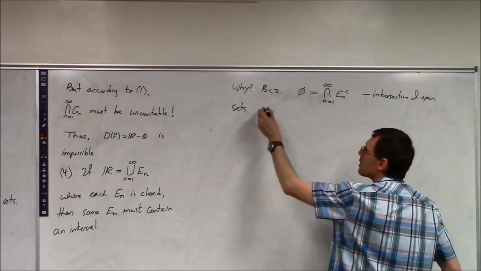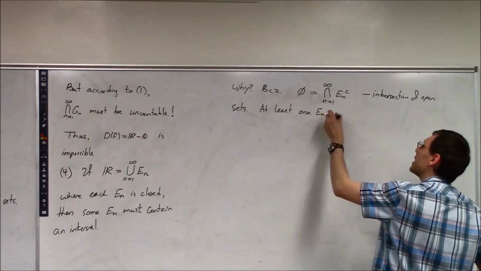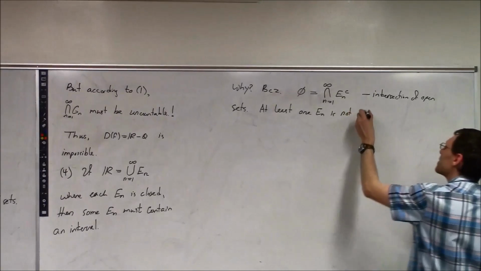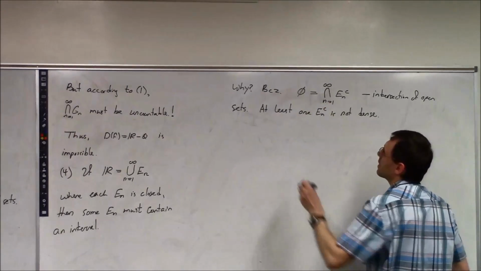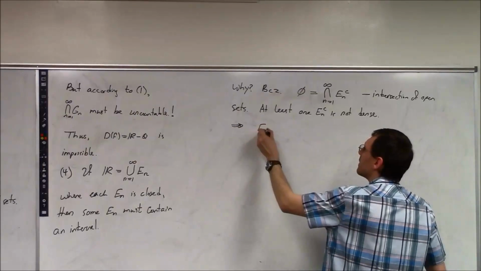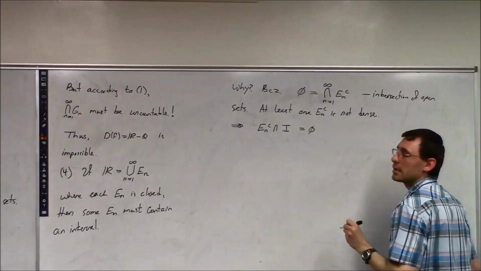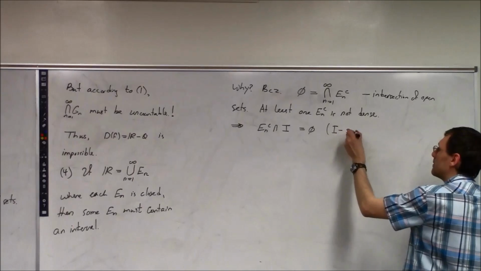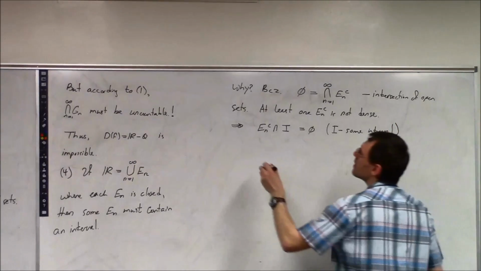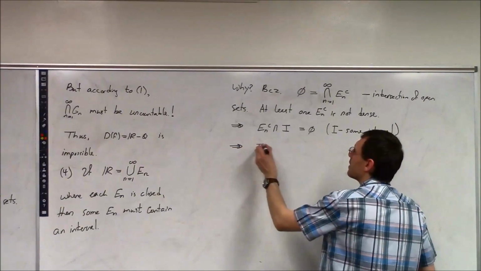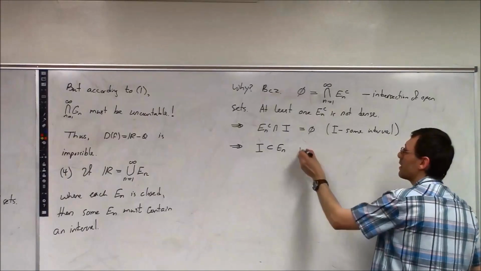At least one E sub n complement is not dense, which implies that E sub n complement intersected with some interval I is the empty set. And the implication is that I is a subset of En. And the proof is complete.